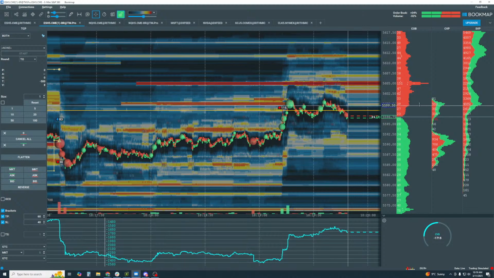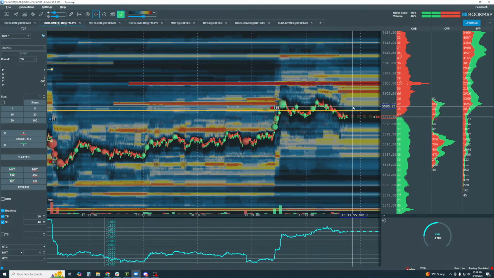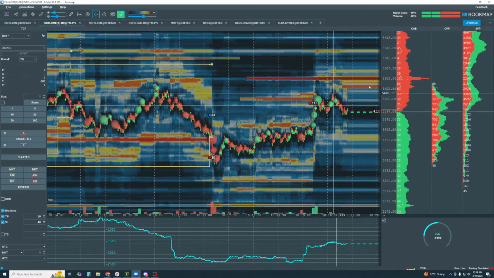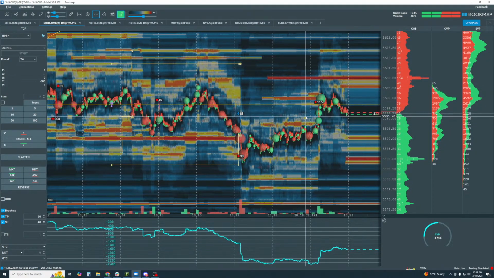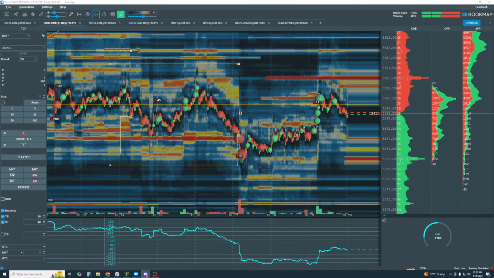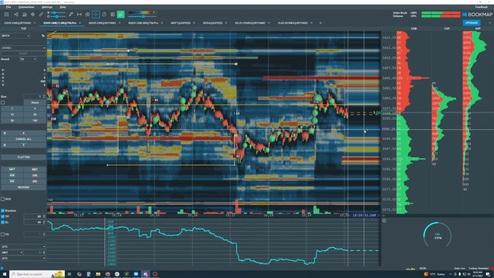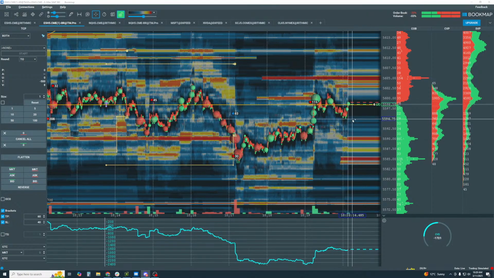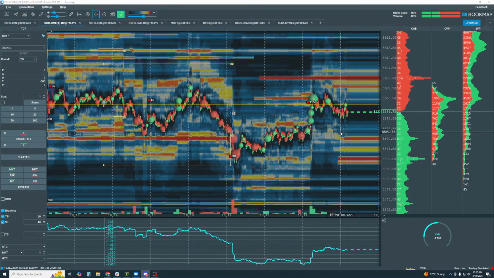Back up into the range here. All right, nothing shaking so far.